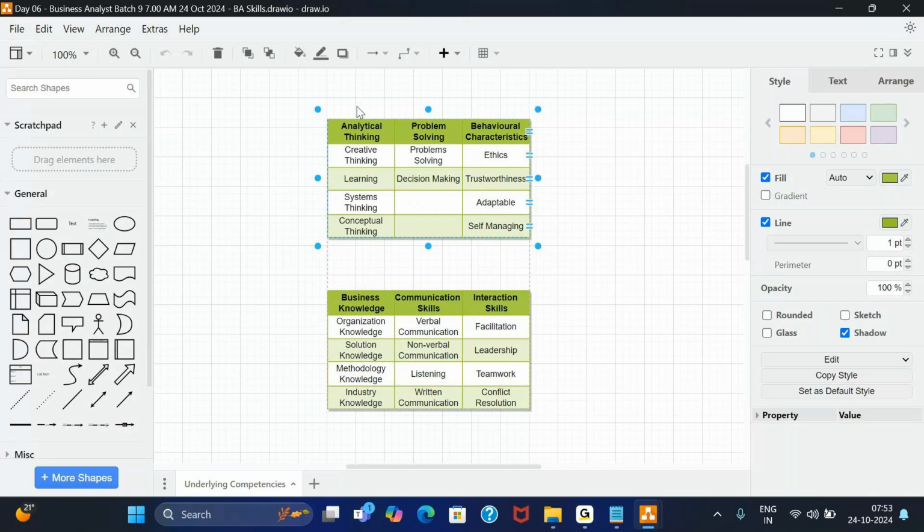Then the last one is behavioral characteristics, that is more towards maintaining honest, ethical working standards rather than working with untrustworthiness. Whenever we work with stakeholders, we always want to ensure that we maintain a high level of ethical standards, that we maintain honesty, that there is trustworthiness.